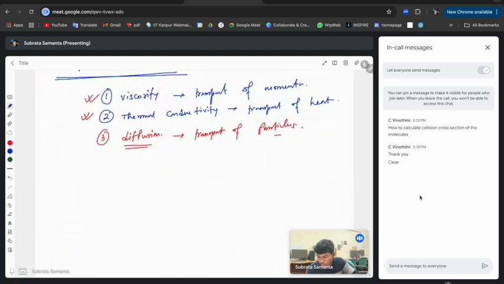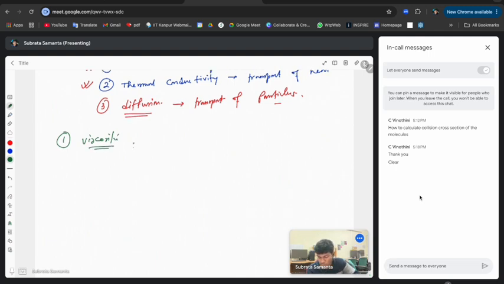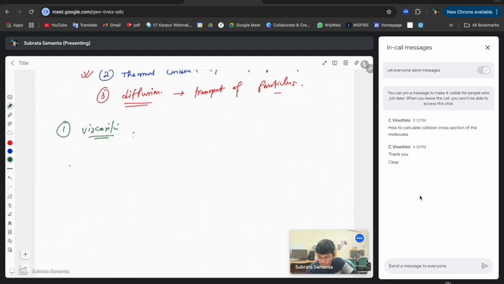So now I consider a fluid. Let's first consider the viscosity. So first is viscosity. I consider a fluid. Let's say this is a tube, and the fluid is flowing like this.